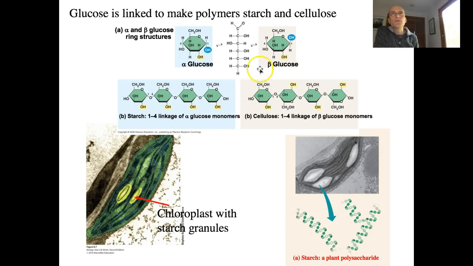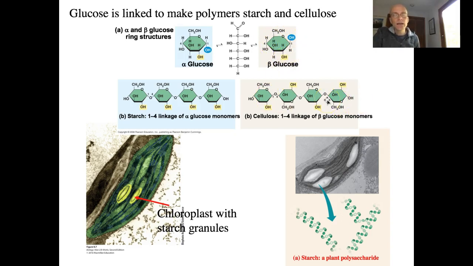Now, if you happen to get, and this is a 50-50 chance, the other orientation after ring closure, then this sugar can be made into cellulose. It's still glucose, it's still the same monomer, but if you're linking it 1 to 4, meaning the number of the carbon in that sugar ring, if you're linking those together as beta glucose, then you get cellulose.